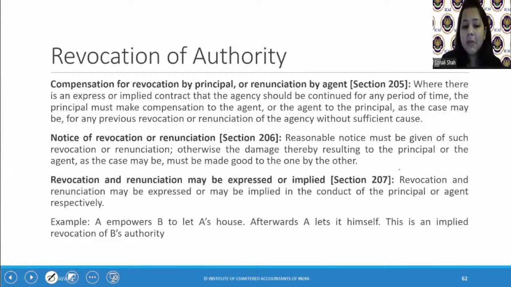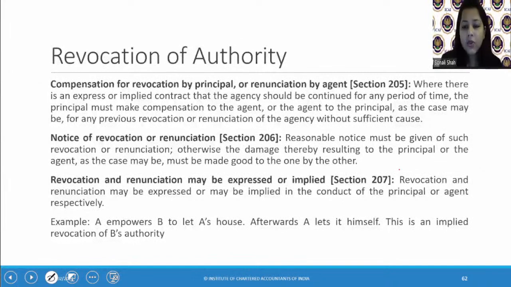However, if the principal is revoking the authority or there is renunciation of authority by the agent, then if there is an early revocation or renunciation without a sufficient cause, there is a provision which requires that the principal must compensate the agent for the same. But that all depends on the facts and circumstances of the case.